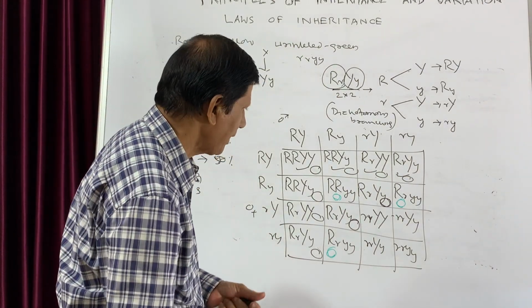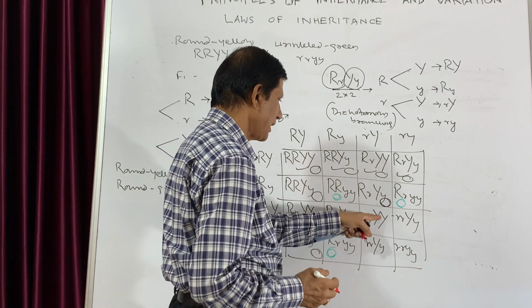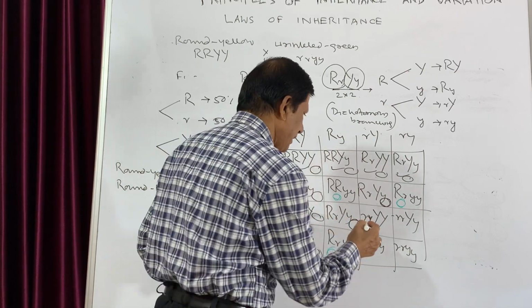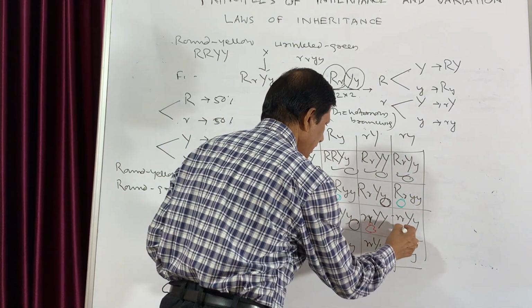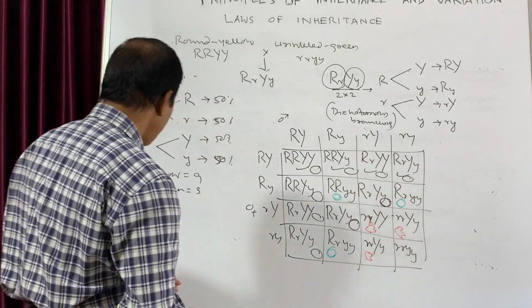Now see, at these 3 places, what is there? At these places, capital Y is there, that is yellow color, but small r are there, that means it's wrinkled. So it is wrinkled yellow, and the wrinkled yellow are 3.